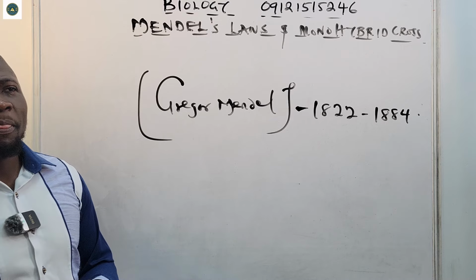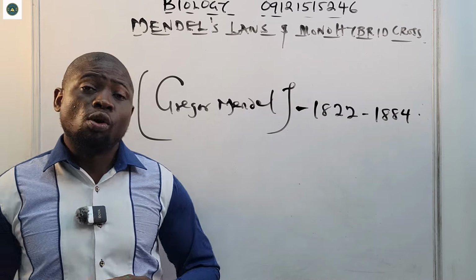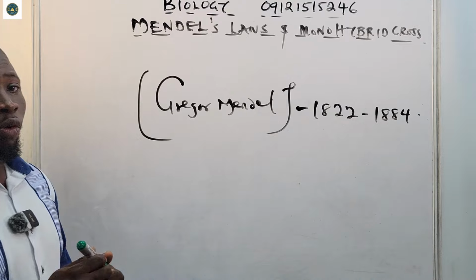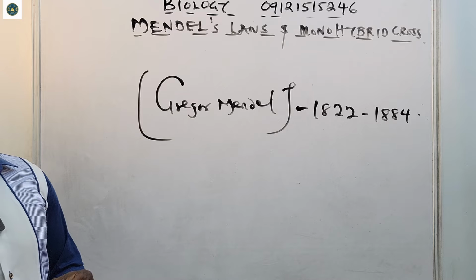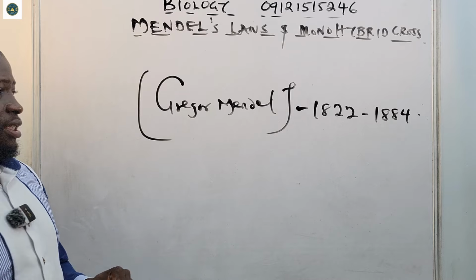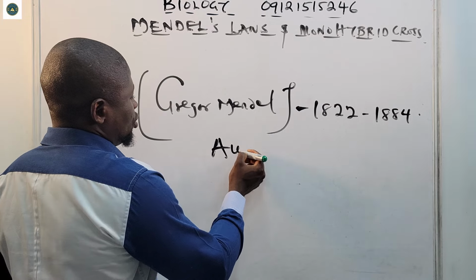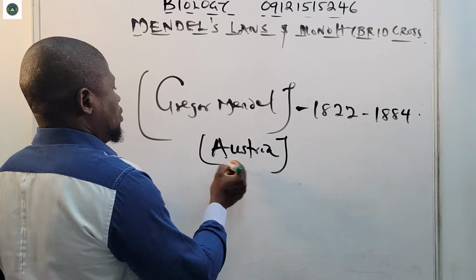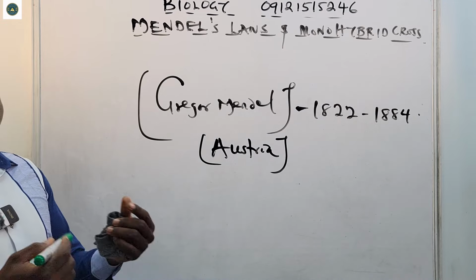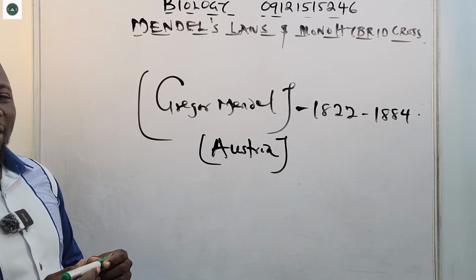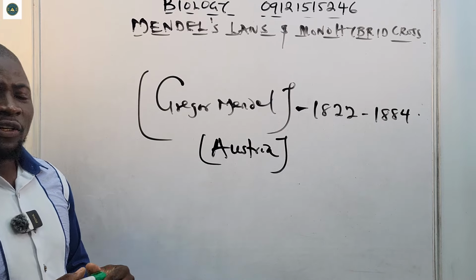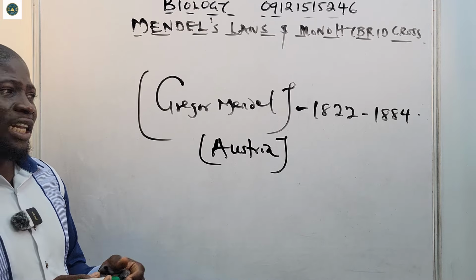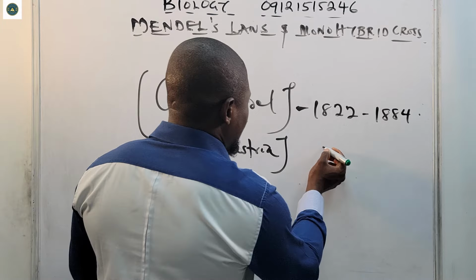Gregor Mendel was from a very poor home. He was born to poor farmers in Austria, so he grew up working on the farm with his parents. But Mendel was a very curious person.